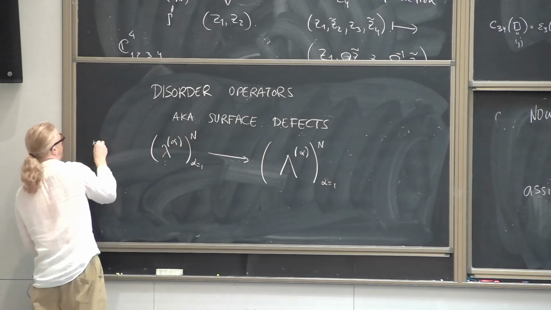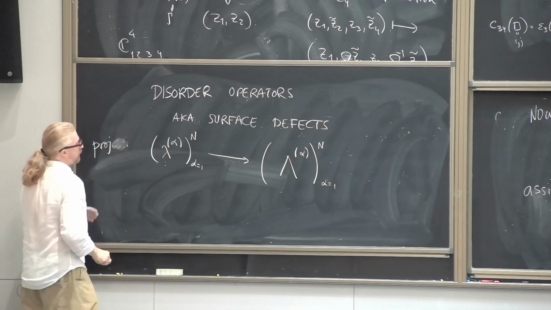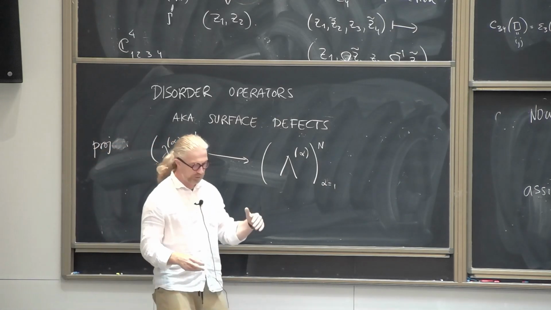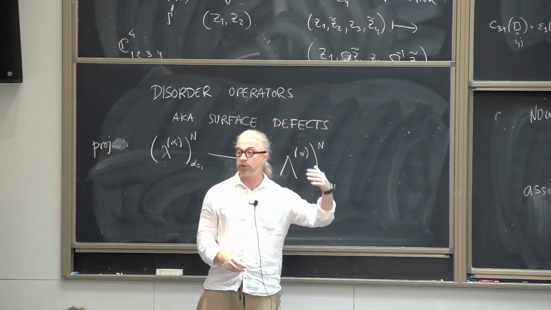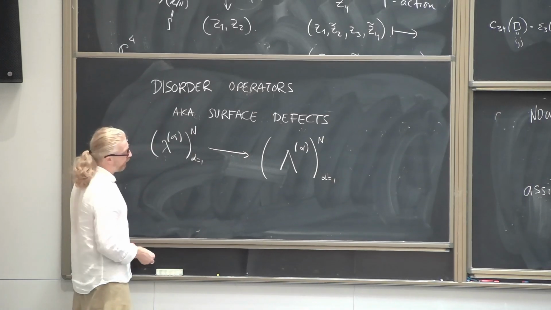So this is kind of a projection. It's a projection which corresponds to the projection from the moduli space of parabolic sheaves to the moduli space of sheaves, so forgetting about the parabolic structure.